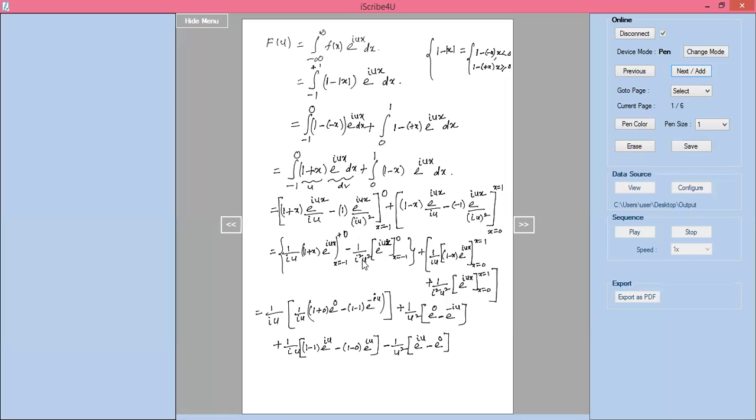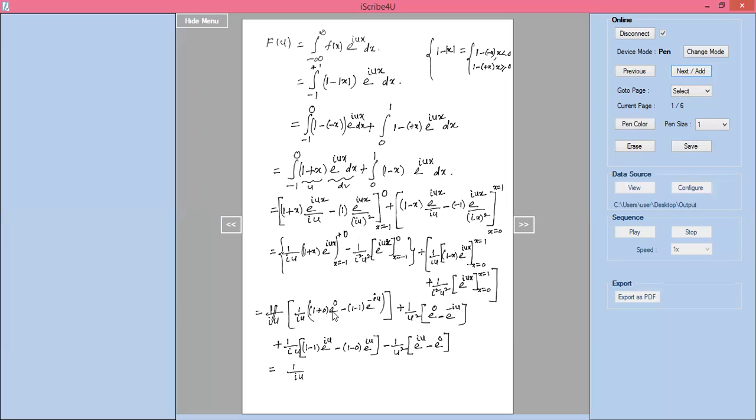Now we can write, see I have written here two 1 by iu's, we will get only one 1 by iu. So 1 by iu into, here 1 plus 0 is 1, 1 minus 1 should be 0. So now first term should be 1 by iu. Next, 1 minus 1 should be 0, I told.